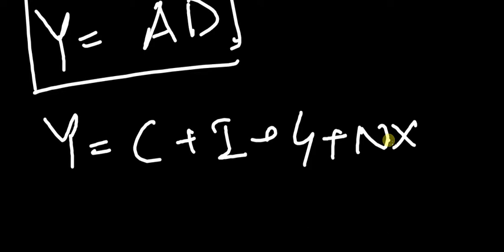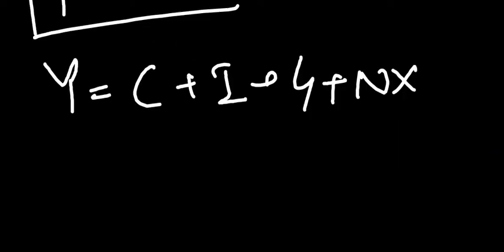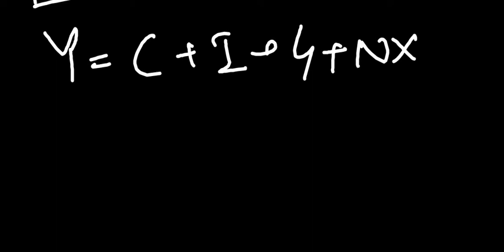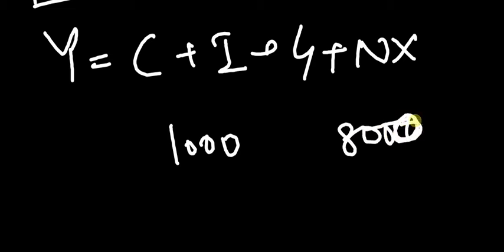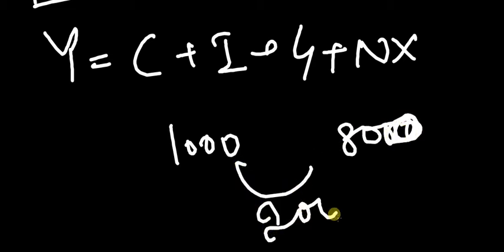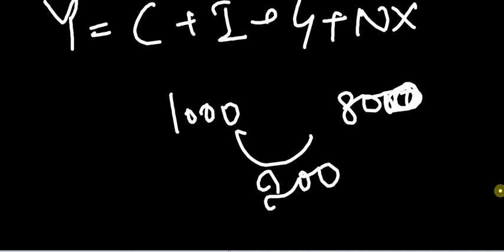Now, for example, let's take the case that the output that is produced is different from the output that is demanded. Then you will have some inventory left. If I produce 1000 units and only 800 are demanded, then 200 units are unplanned inventory.